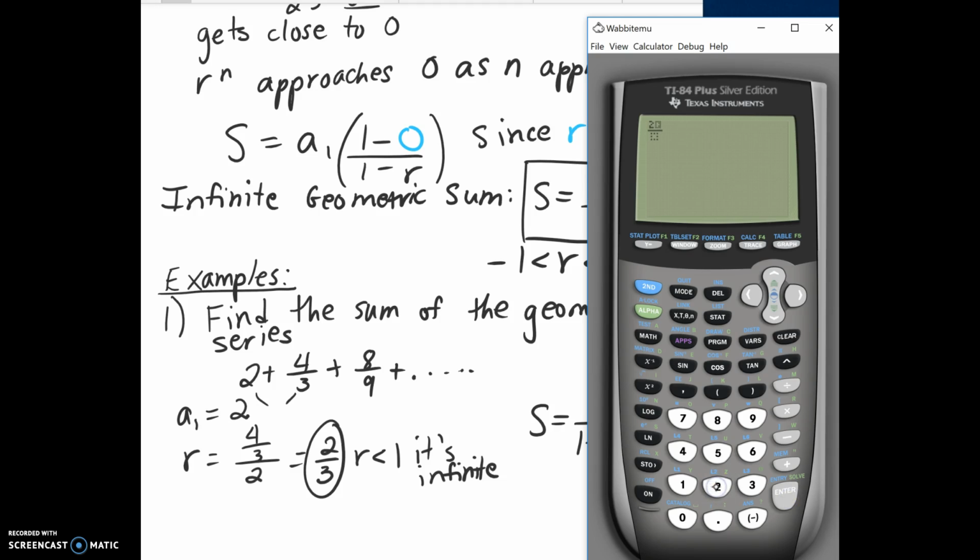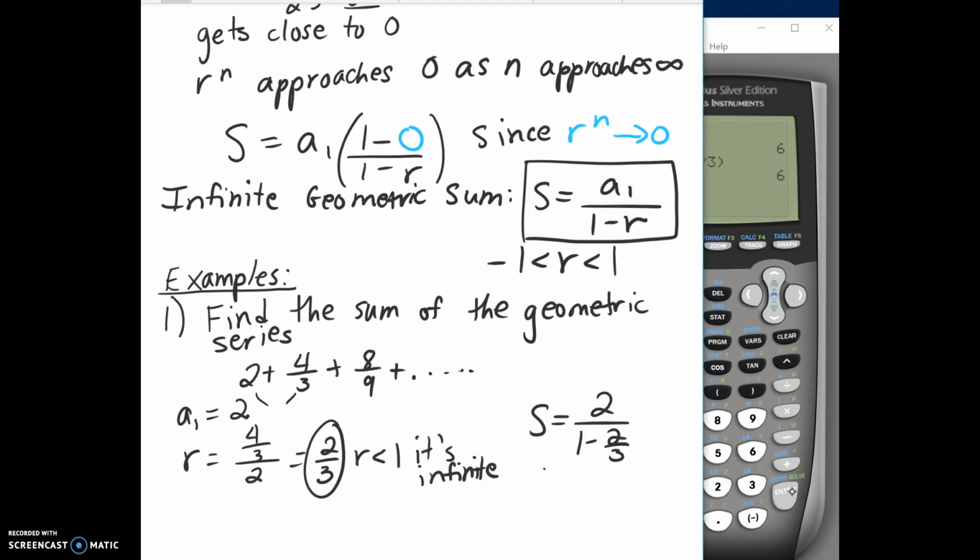I usually just put the alpha y equals for this part, and then I just do regular dividing down here, but you could use another fraction tool. You can also do 2 divided by and just put the denominator in parentheses. Both are giving us an answer of 6. So if we don't have that final term, but we know that it's an infinite series, we can use this formula.